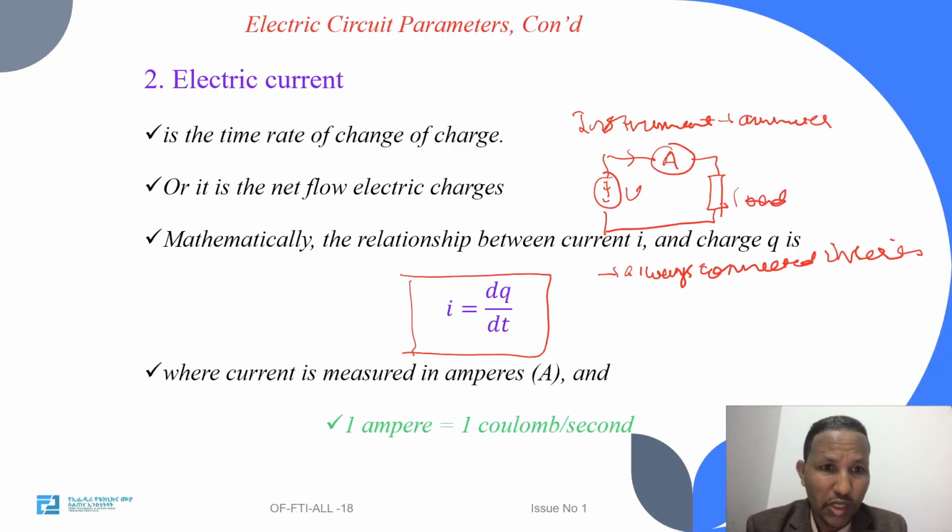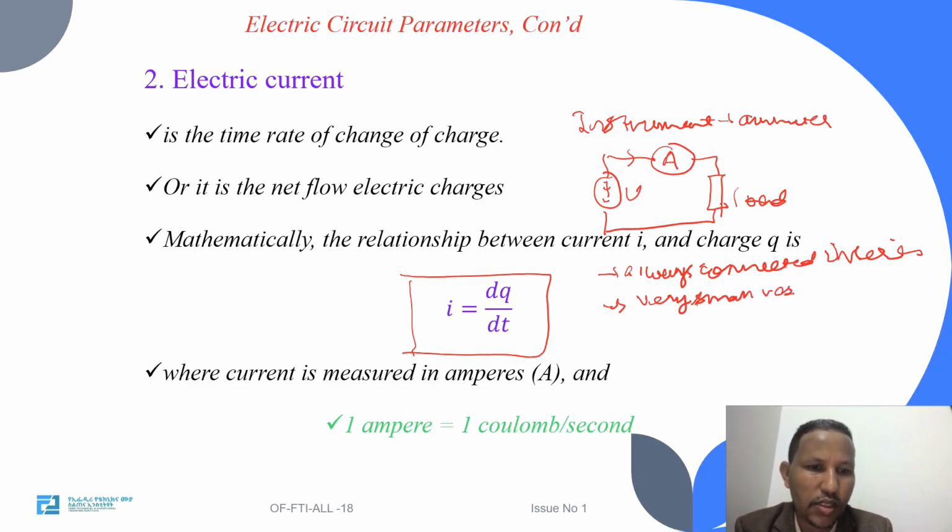And one very important point is why the ammeter is connected in series. The ammeter is characterized by a very small resistance, so that the voltage drop across the terminals of the ammeter will be 0 or approach 0.